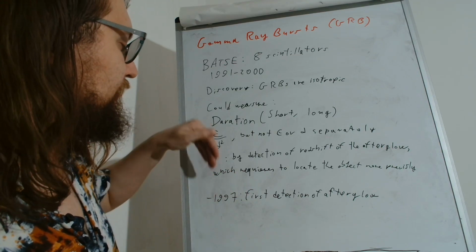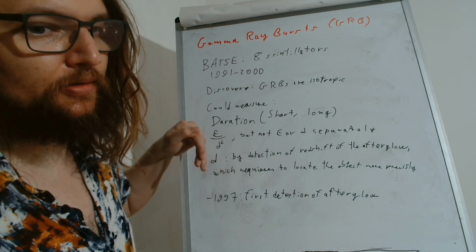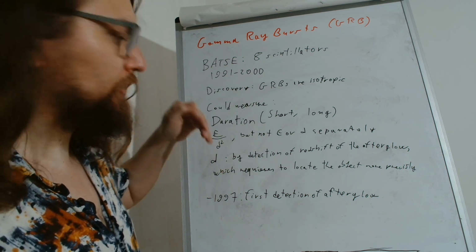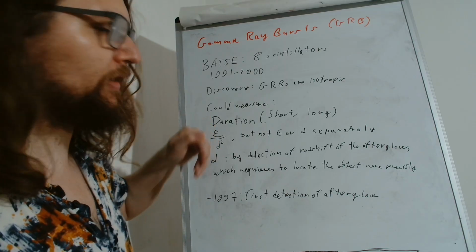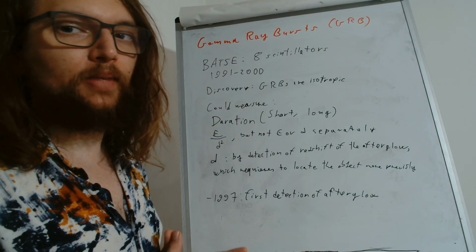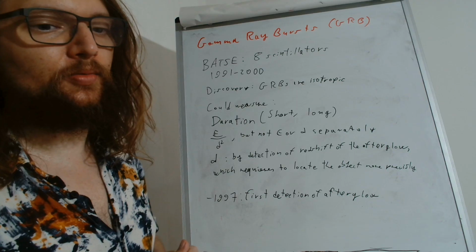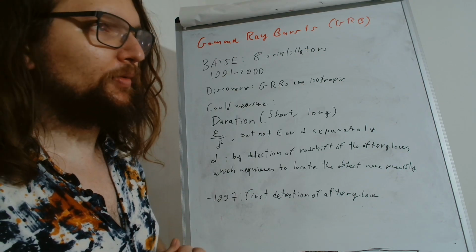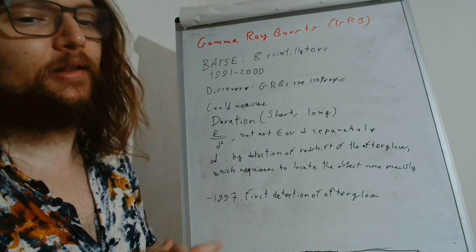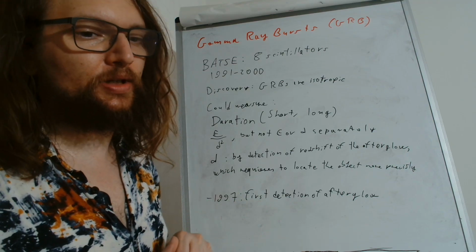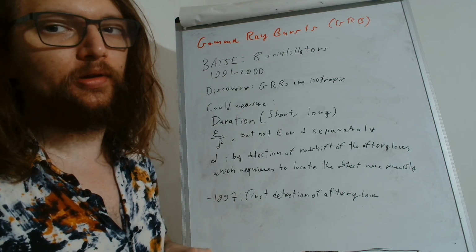The first detection of the afterglow was in 1997, and by detecting the redshift in the afterglow, we could realize that they are indeed of extragalactic origin because they are very far away sources.